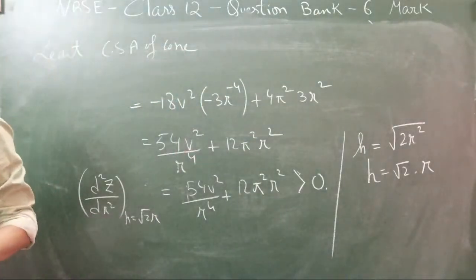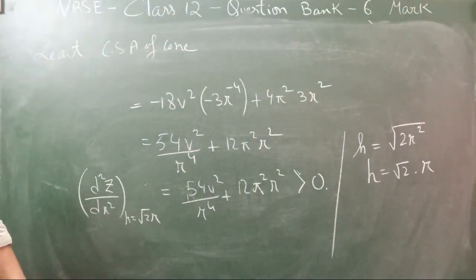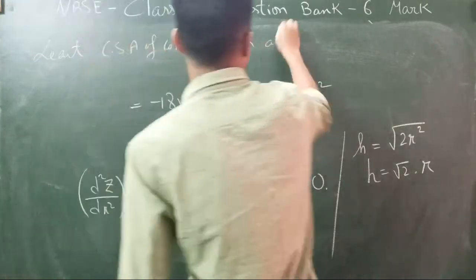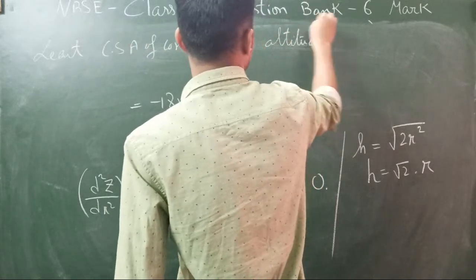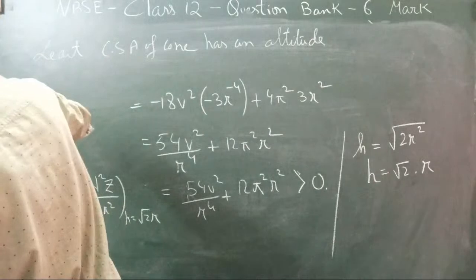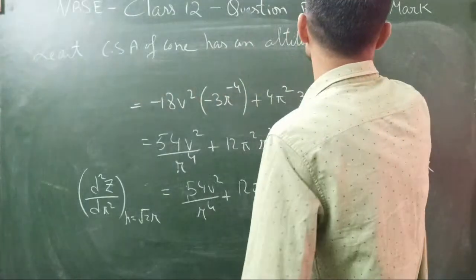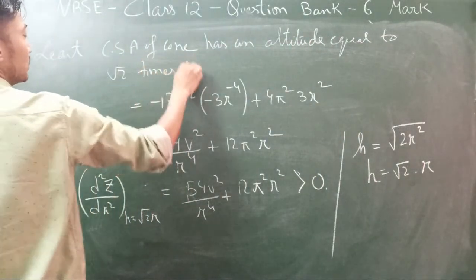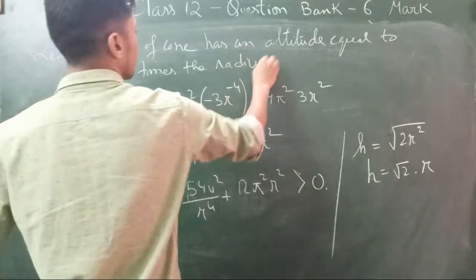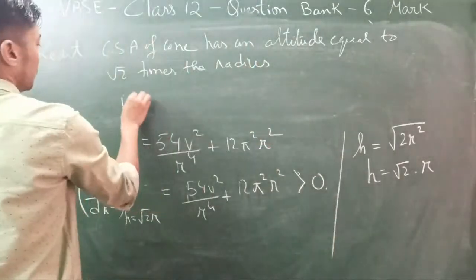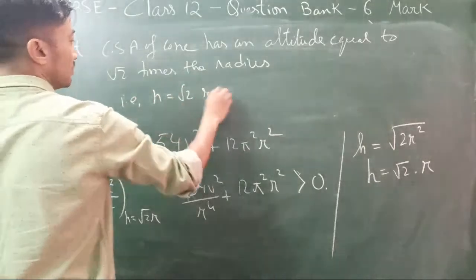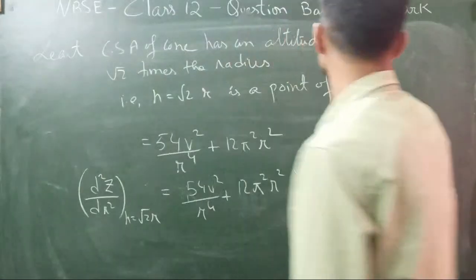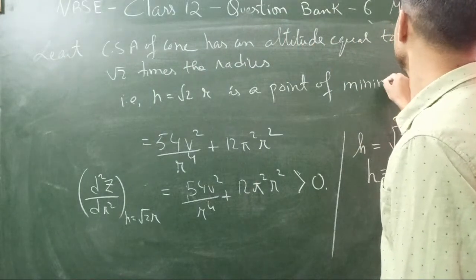Least curved surface area of cone has an altitude equal to root 2 times the radius. That is, h equal to root 2 times radius is the point of minima.